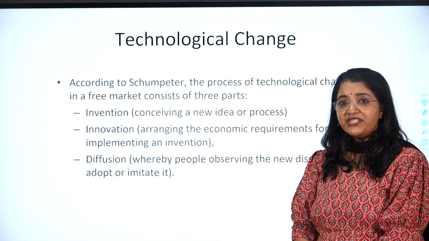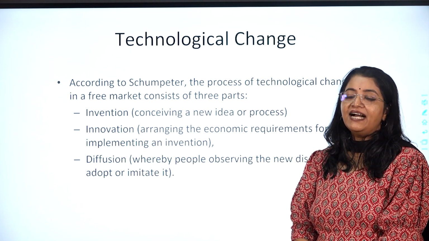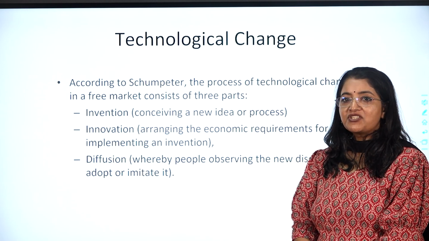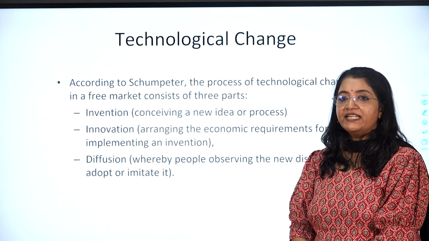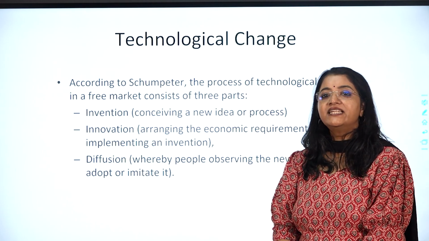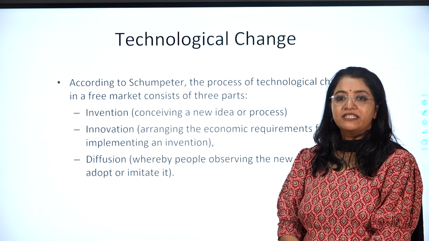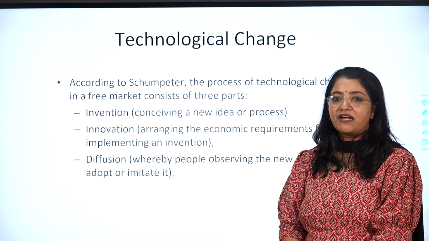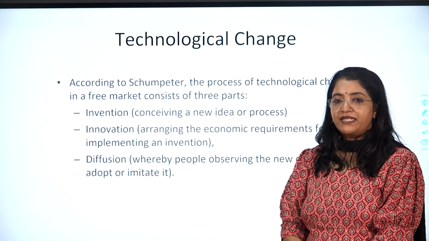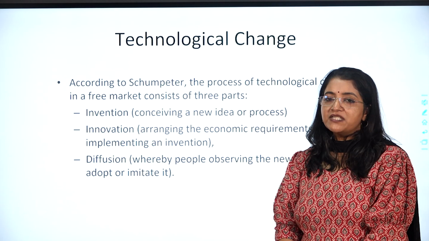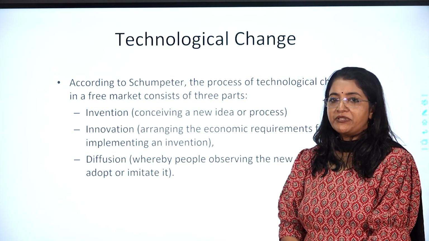Invention is all about conceiving a new idea or process. Innovation is all about arranging the economic requirements for implementation of an invention. Whereas diffusion is whereby people observing the new discovery adopt or imitate it. So, we can see that it is traversing from one point to the other.